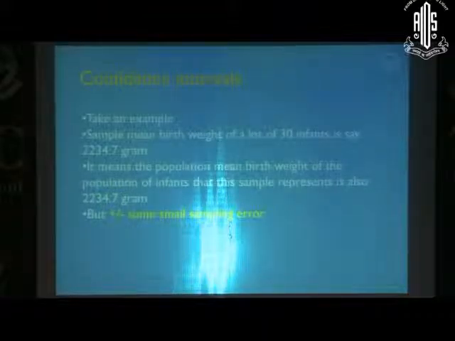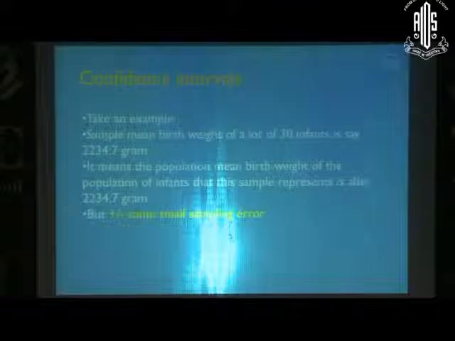Now, by common sense, one can say that to a certain extent it is right, because those babies were picked from Delhi, but it is not exactly correct because it is not representing the entire population, right? So whenever you take a smaller sample from the bigger population, for simplicity's sake, you will always have a possible error. That error is what is called the confidence interval.